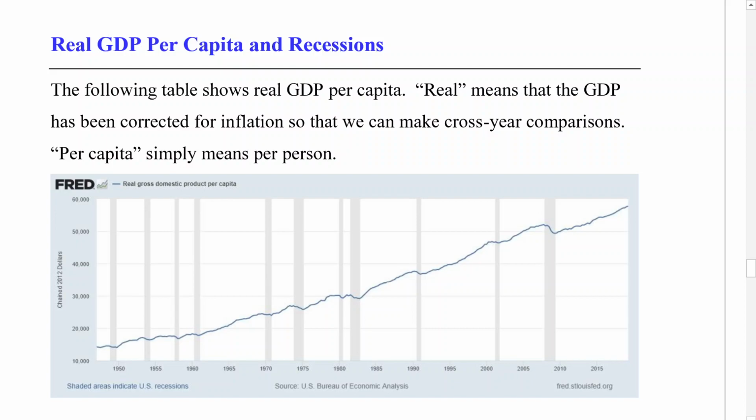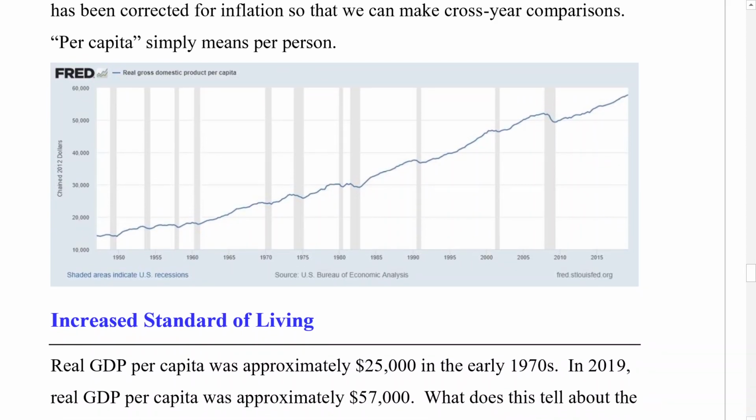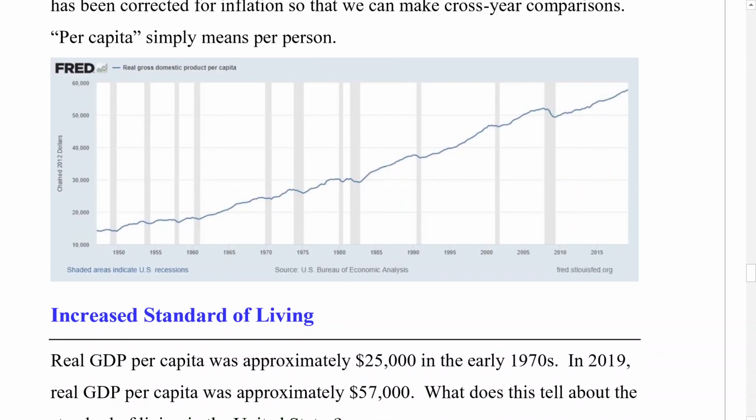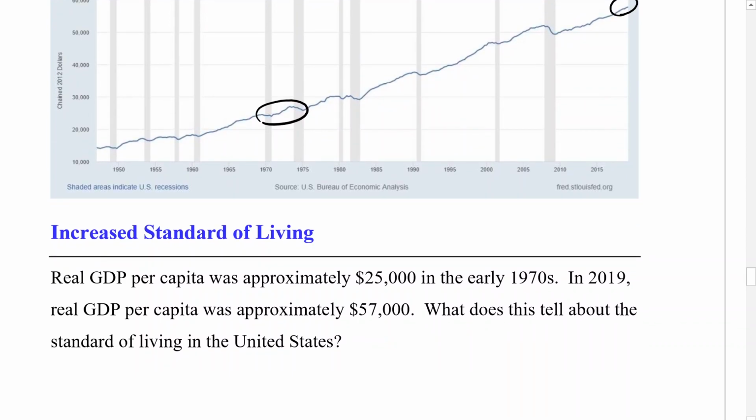And the point here, real GDP was approximately 25,000 in the early 1970s, and in 2019, it was 57,000. So what does this tell us about the standard of living in the United States? It has more than doubled in the last 50 years.